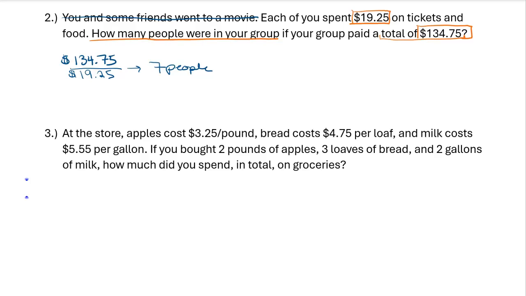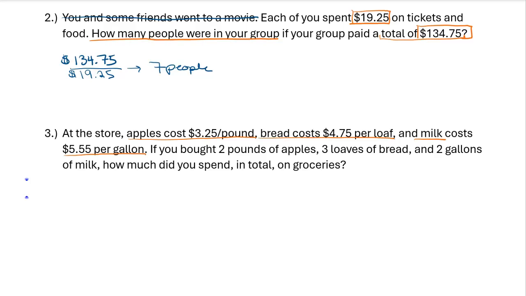Right, I'm going to switch to orange because it stands out a little bit better for me. So, at the store, apples cost $3.25 per pound. Bread costs $4.75 per pound. Milk costs $5.55 per pound. So that again is the unit rate.